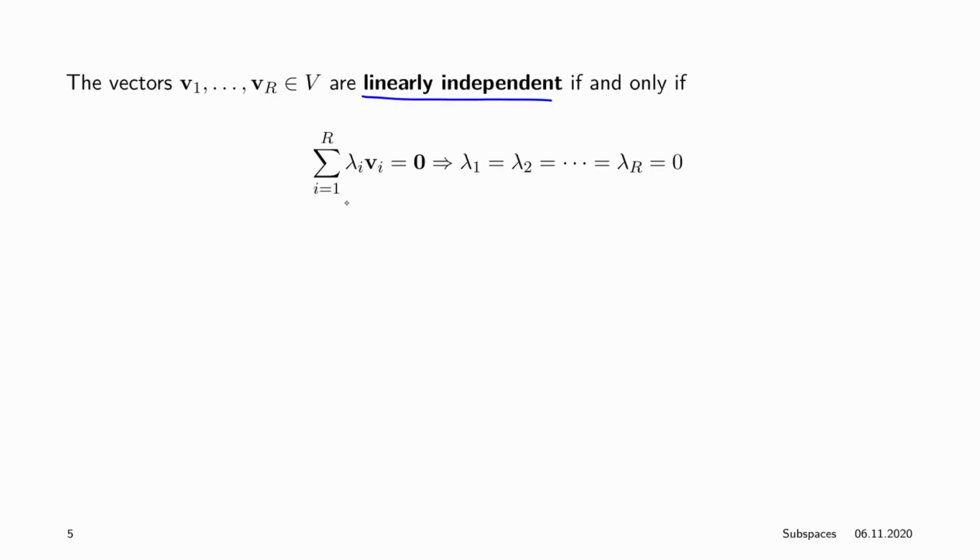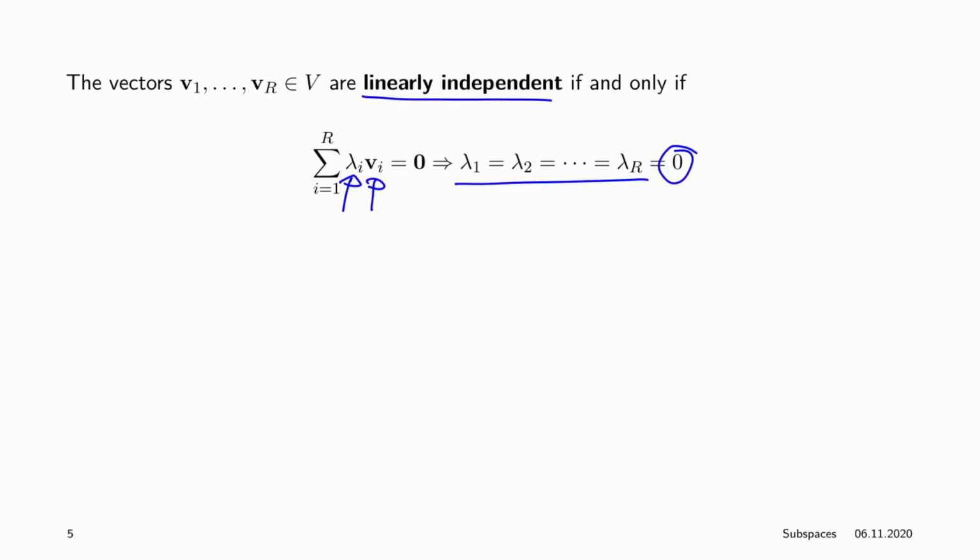Namely, that if we take a linear combination of them, so it's basically the sum from i equals 1 through R of some scalar lambda_i times v_i, and this is 0, then it must be the case that those lambdas are actually not arbitrary, but that all of them are 0.